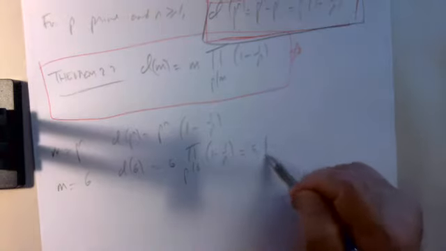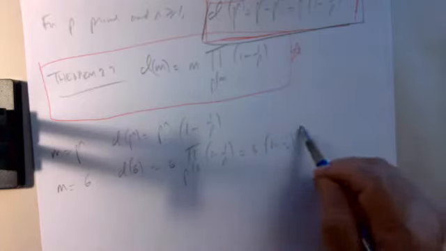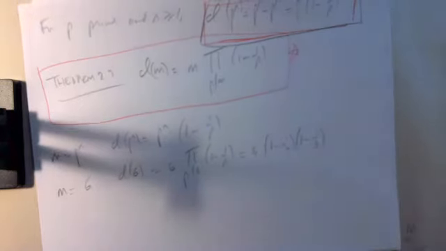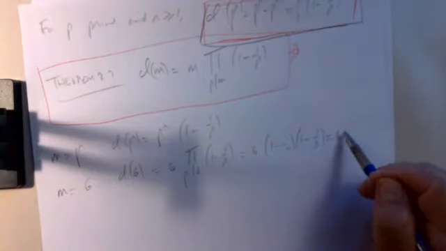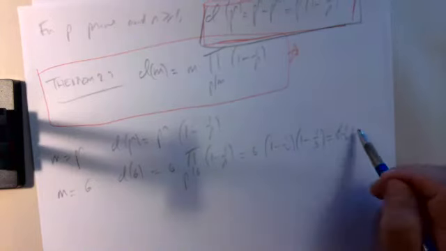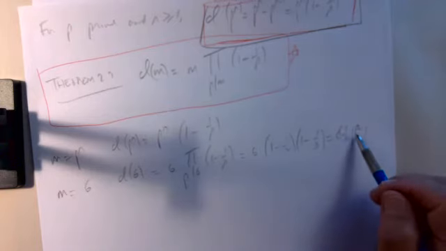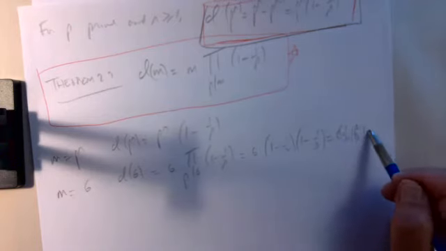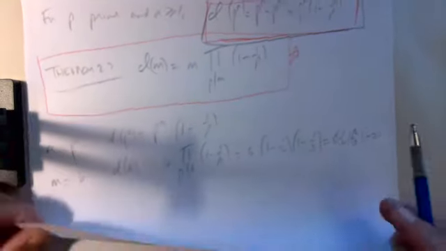So this is 6 times, when p is equal to 2, 1 minus a half, and when p equals 3, 1 minus a third. 1 minus a half is a half. 1 minus a third is 2/3. 6 times a half is 3. 2/3 of 3 is 2. So by this formula, phi of 6 is 2. That's what we saw over here in our chart. Phi of 6 is 2.